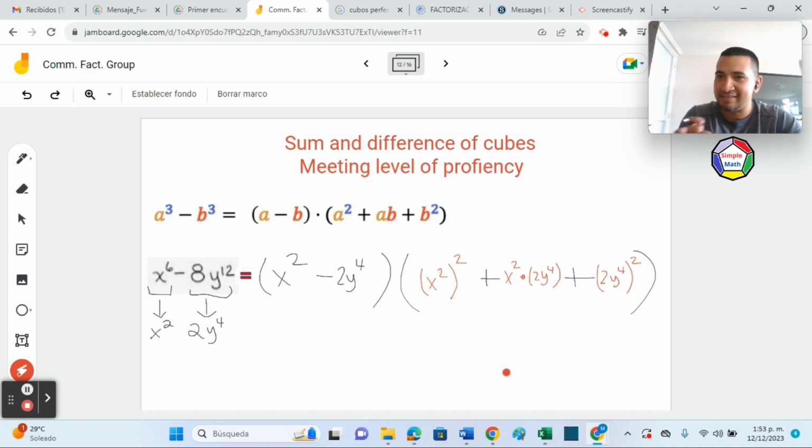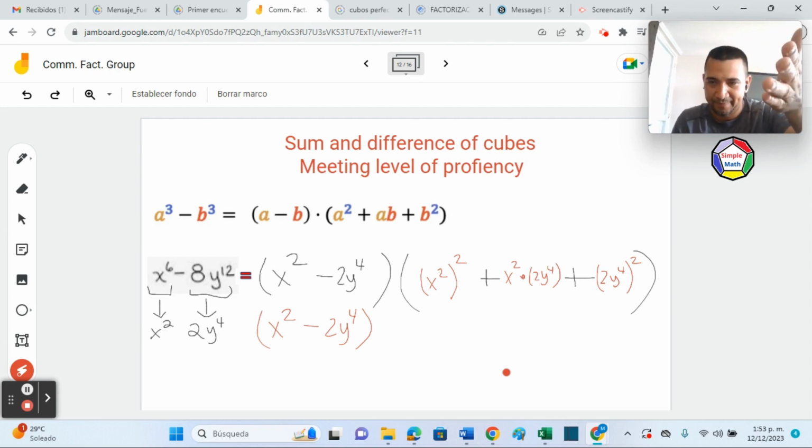The first parenthesis stays in the same way. So I'm going to write the same parenthesis, x exponent 2 minus 2y exponent 4. You see, it's the same parenthesis. And in the second parenthesis, I will solve the powers.